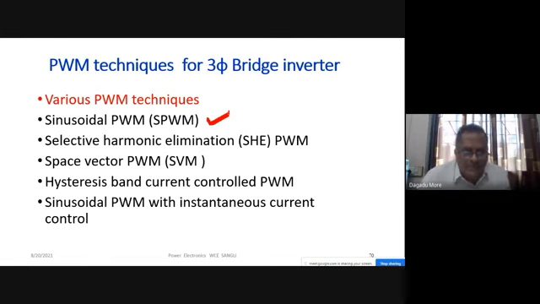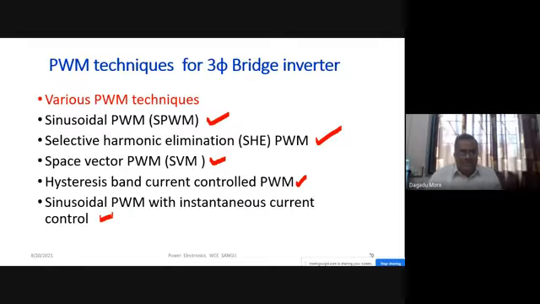Another is selective harmonic elimination PWM, where specific harmonics can be eliminated, for example fifth and seventh in case of a bridge. Then we have space vector PWM, which we will discuss afterwards, then hysteresis band current control PWM, and sinusoidal PWM with instantaneous current control.